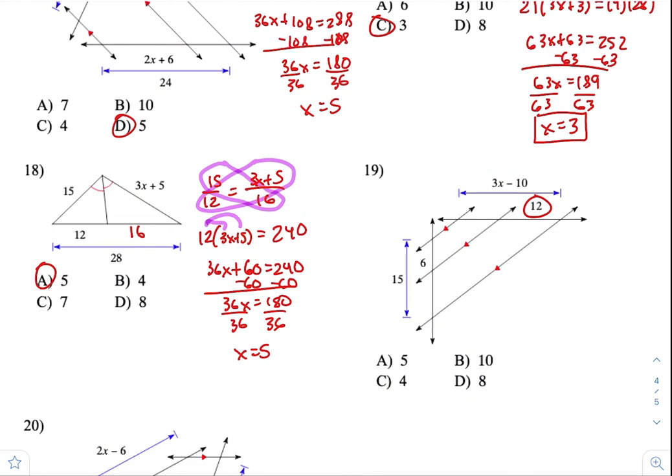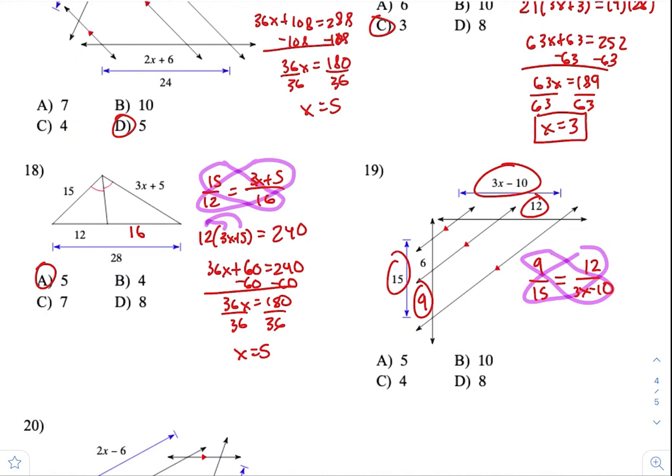So you can do either one, but I'm going to do this one, because to me it's easier to find that piece than that one, because you already know the whole number is that. So 15 minus 6 is 9, because 9 plus 6 will give you 15, so I'm going to do 9 over 15 is equal to 12 over 3x minus 10.